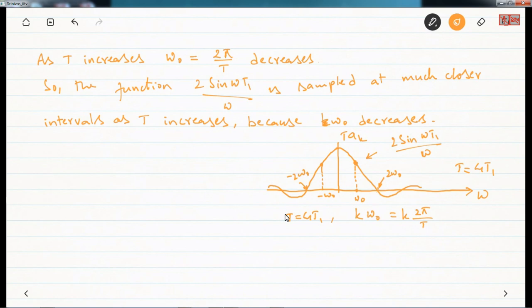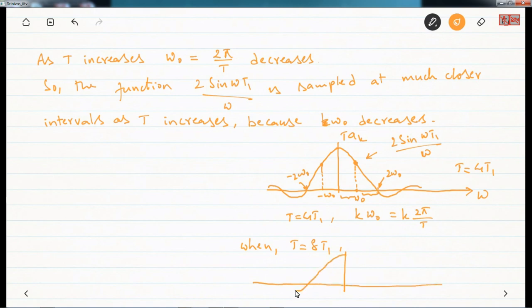So if I increase T from 4 t1 to 8 t1, what happens is, when T becomes 8 t1, these samples will become closer, because this omega naught has reduced, and what I will get is much more closely spaced samples.